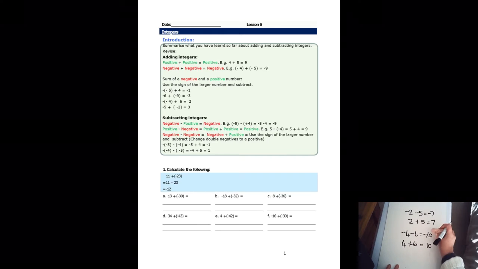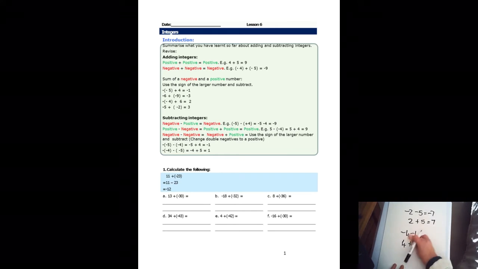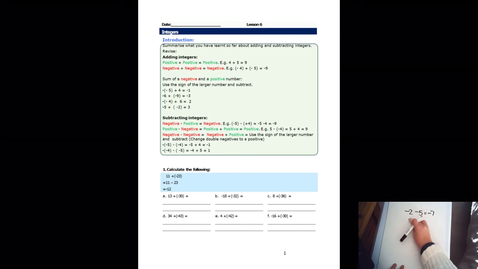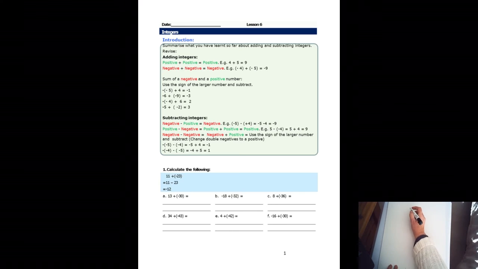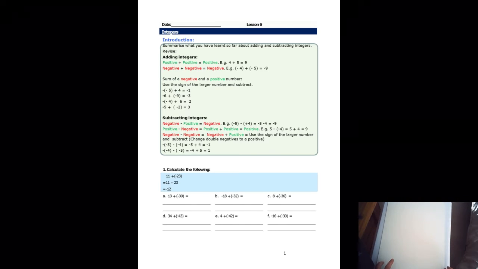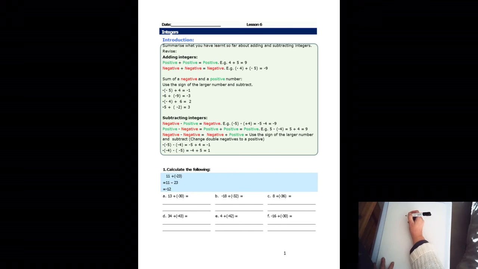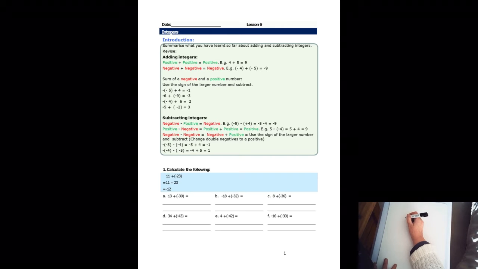Now, the way that this works is, more than likely you are going to get a bracket inside of an integer. Remember that any sum says do brackets first. So if I see, like for your homework today, you've got 13 plus -30.